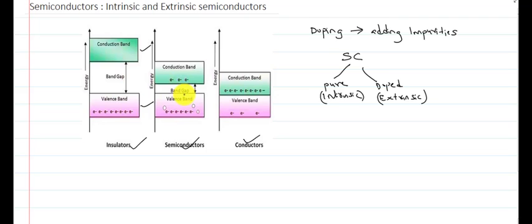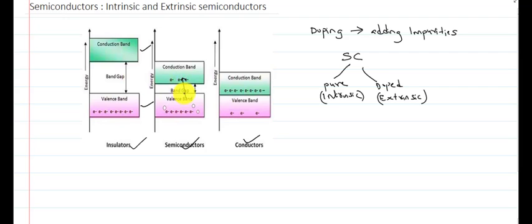But in semiconductors, normally the energy gap is less than or approximately 1 electron volt. So the electrons can be excited to the conduction band. If we apply some energy, then the electrons from the completely filled valence band can be excited to the conduction band. There will be some electrons in the conduction band and the material will be in conducting mode.